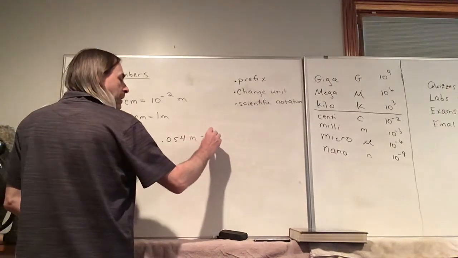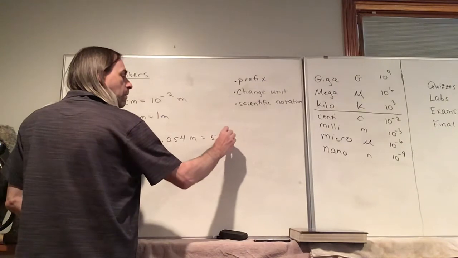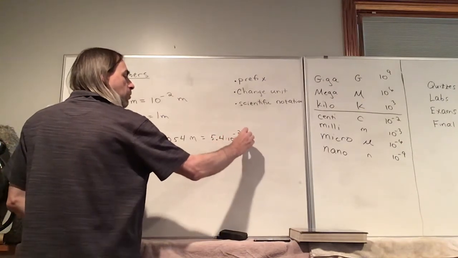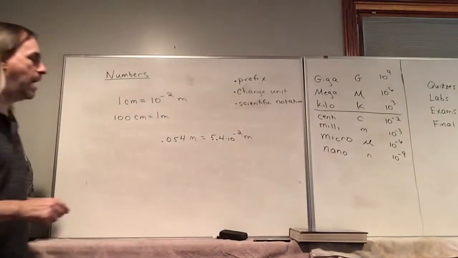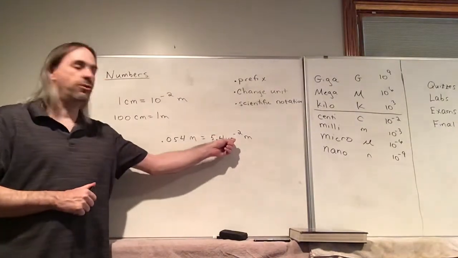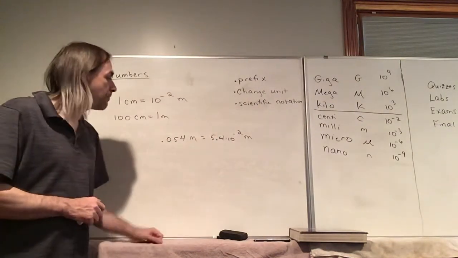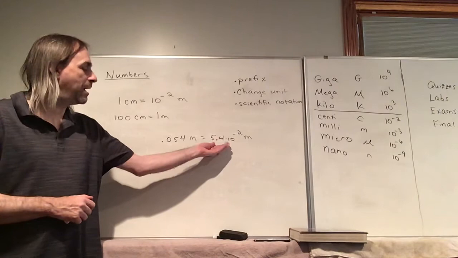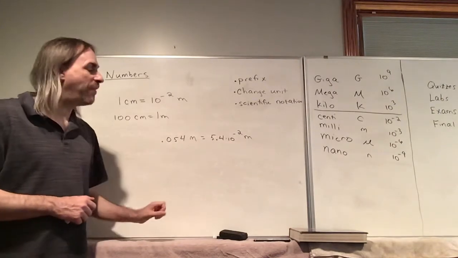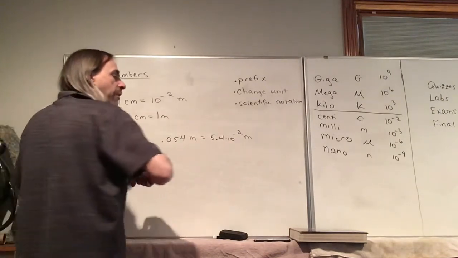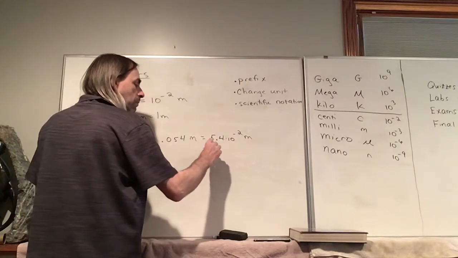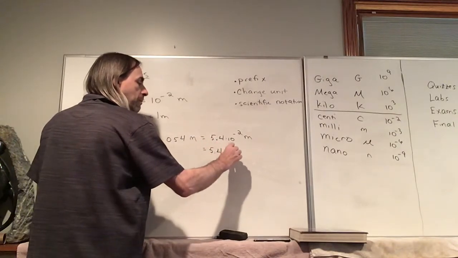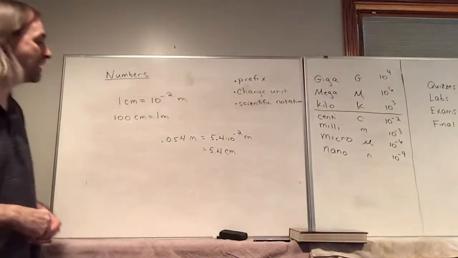We can write this as 5.4 times 10 to the minus 2 meters, because multiplying by 10 to the minus 2 is just dividing by 100. So 5.4 divided by 100 is 0.054. And so this is 5.4 centimeters. 10 to the minus 2 is centi.